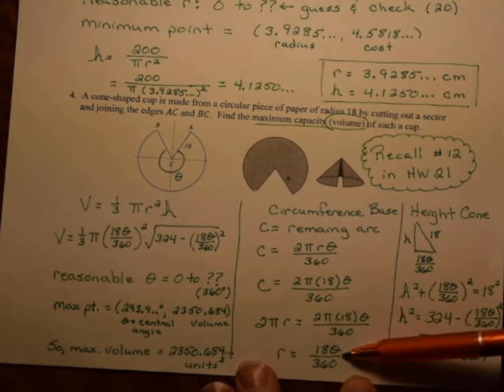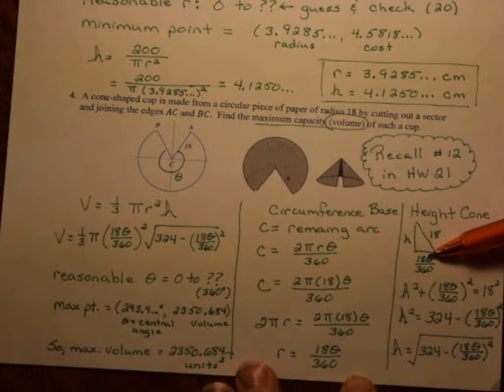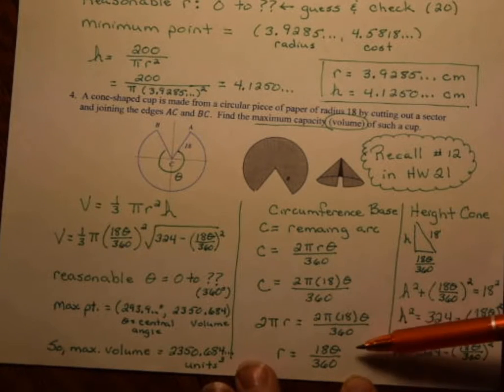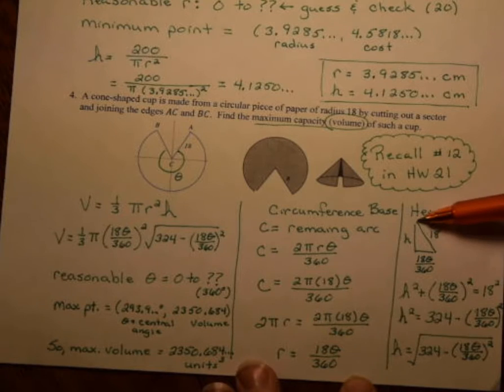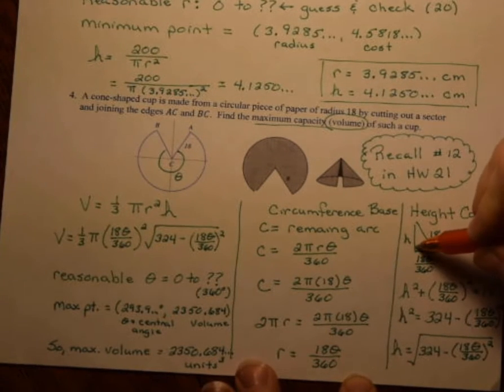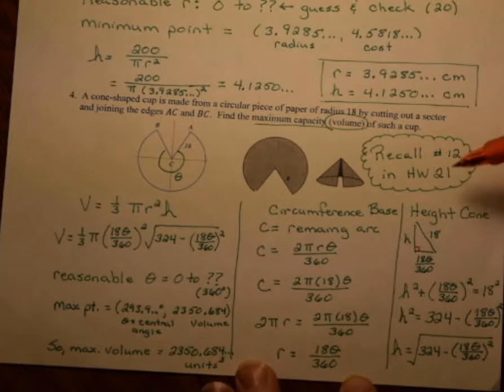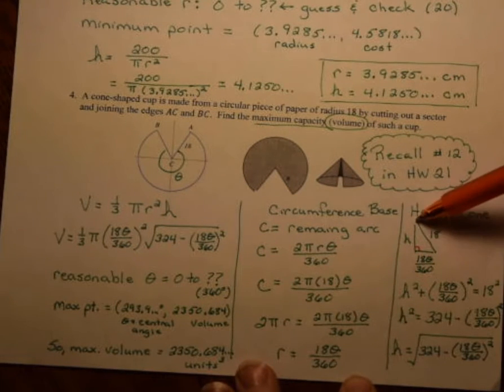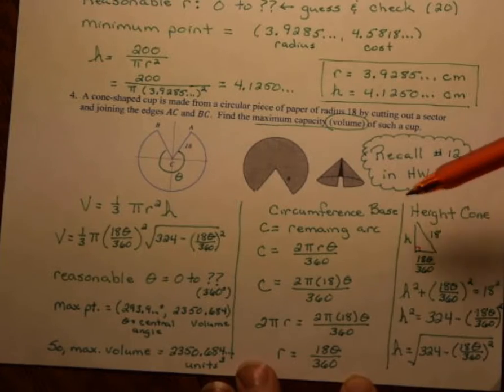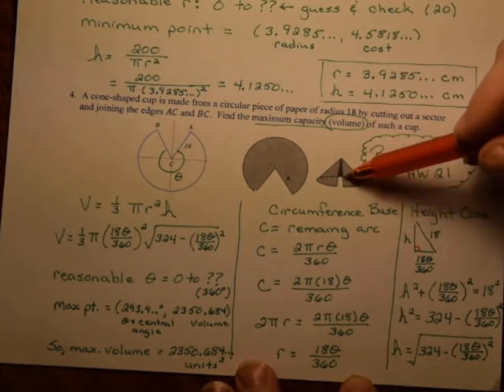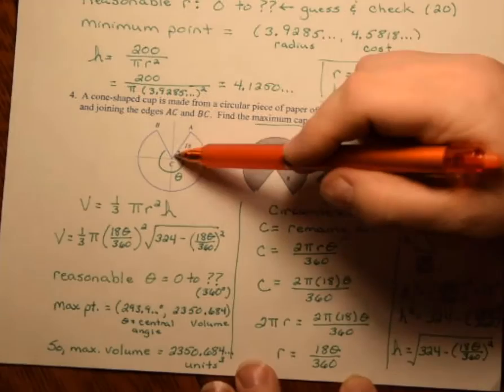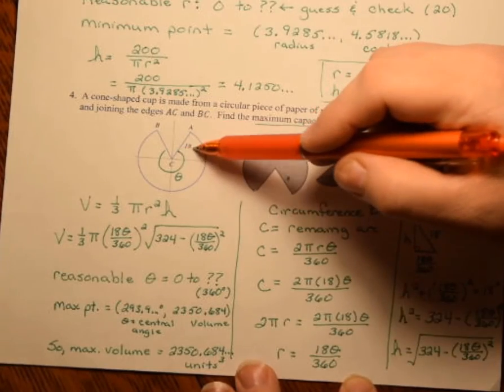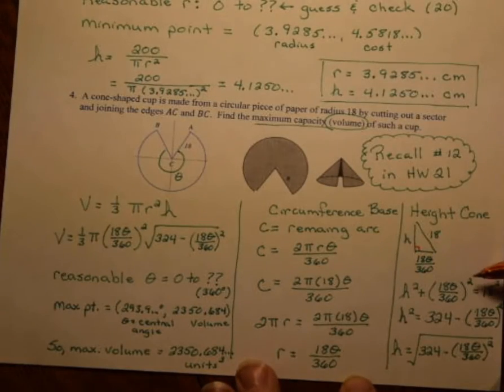So now that we know what r is, the 18 theta over 360, then we can look at the height and the radius, which form a 90-degree angle. And then this would be our slant height. Well, our slant height comes from this, and we're told that that's 18.